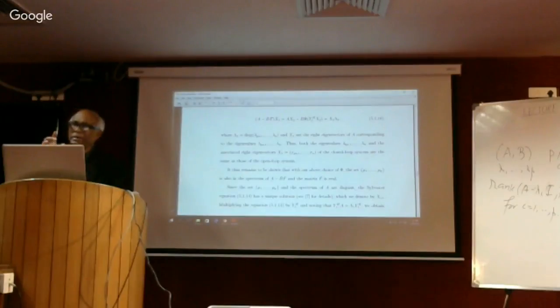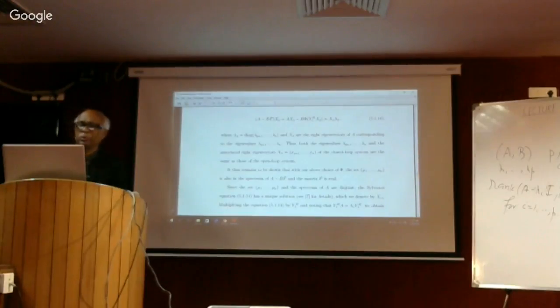That means X2 is the eigenvector matrix corresponding to lambda p plus 1 to lambda n. And we construct F equal to P times Y1 Hermitian, but P is any unknown matrix.